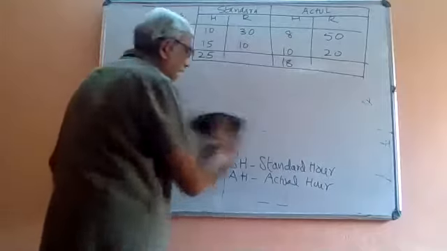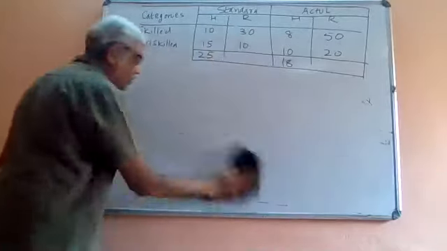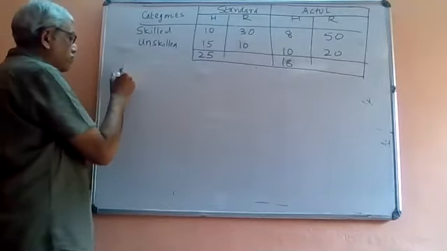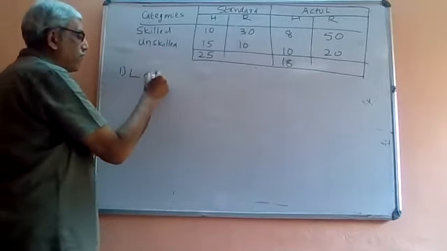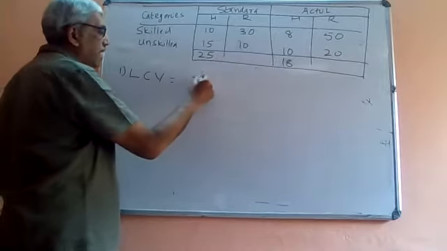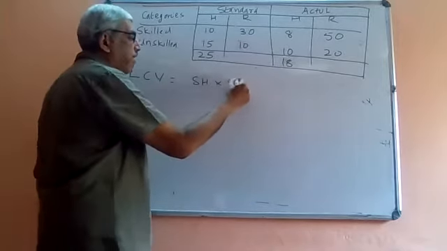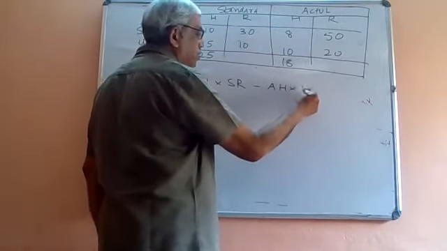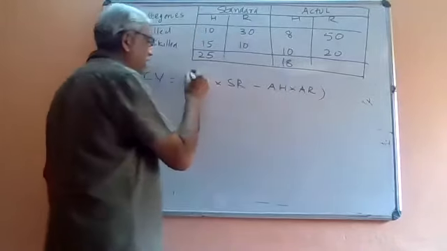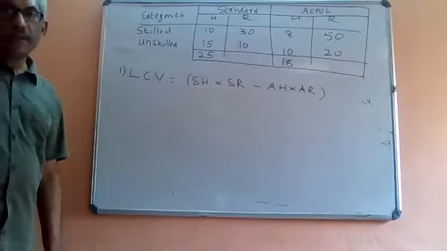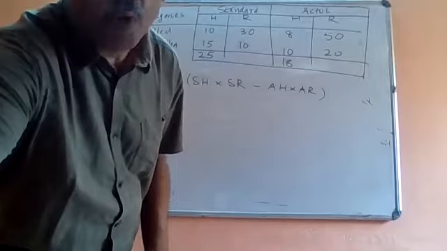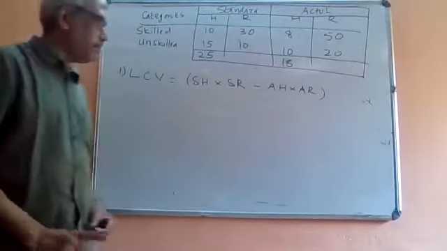So first, let us calculate labor cost variance. Labor cost variance is standard hour into standard rate minus actual hour into actual rate. Let us calculate this for both the skilled and unskilled labor.